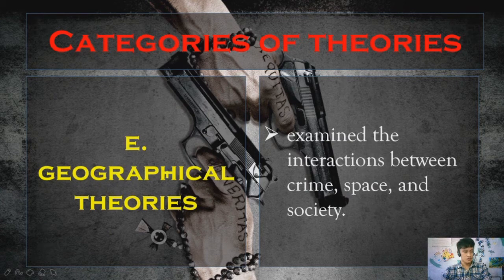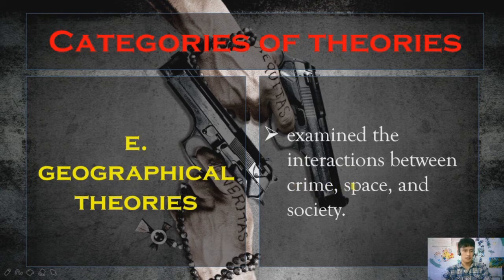And then we have here the next one, the so-called geographical theory. Okay, so when we say geographical theories, it says here examine the interactions between crime, space, and society. So what is the relationship, let's say, the North and South Pole? So yung mga nakatira doon sa malalamig na lugar, what are the common types of crimes that are being committed?